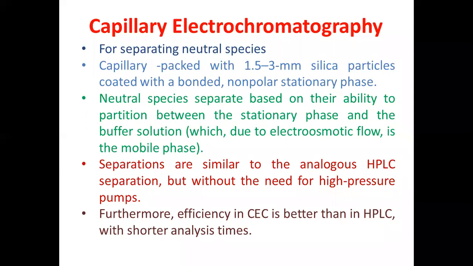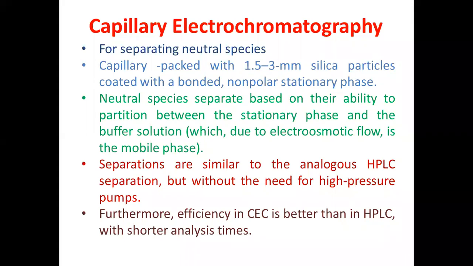So polarity of the silica must be destroyed by a bonding process, so that we can convert this polar silica into non-polar silica. So bonded stationary phases can be used here, and these bonded stationary phases are commonly employed in reverse phase HPLC. So a non-polar stationary phase was used along with a polar mobile phase.